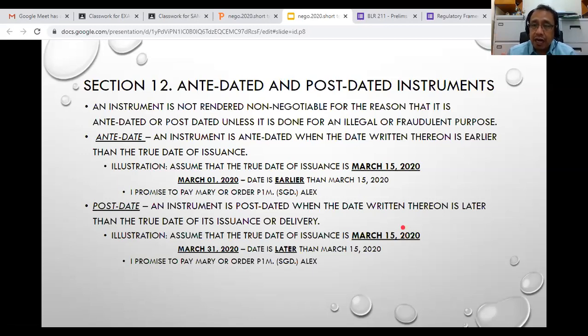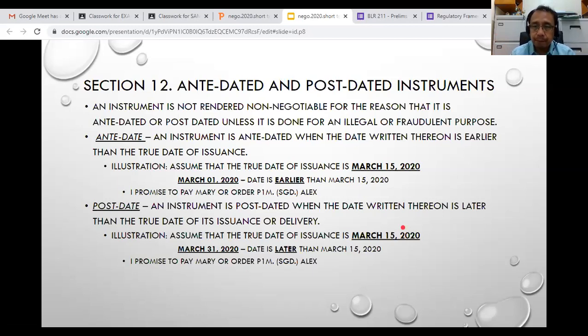I have antedated my instrument because the date so indicated thereon is earlier than the true date of the instrument. Instead of October 1, 2020, I have placed September 1, 2020, earlier than October 1.